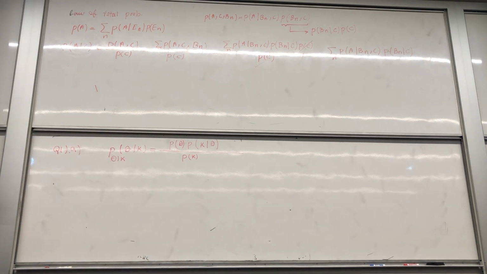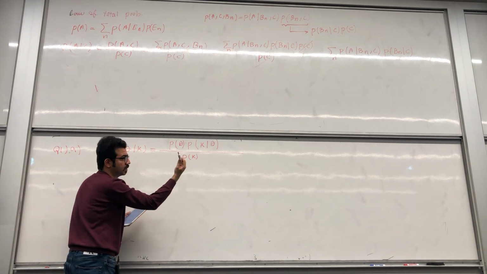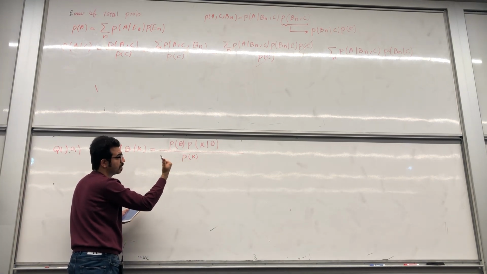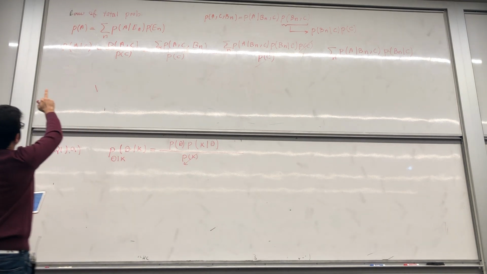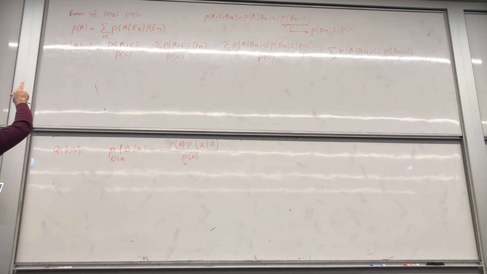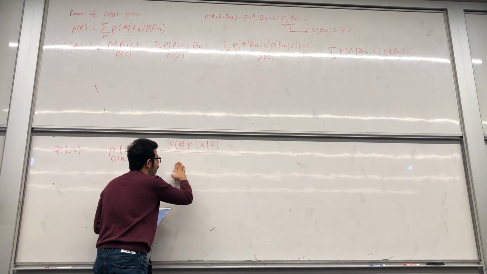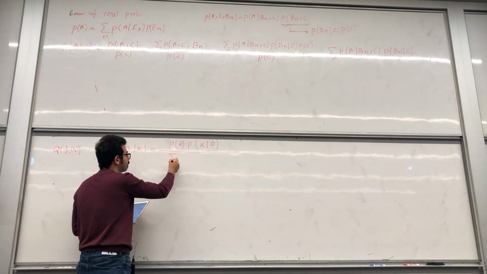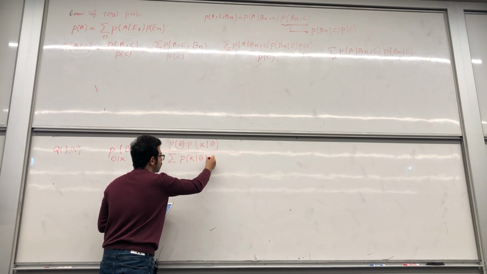K is the number of questions that are answered correctly, but it depends on the type of the student, right? So because k depends on the type of student, depends on theta, I need to replace this by using the law of total probability. So instead of probability of k, I have to write the summation of probability of k conditioned on theta times probability of theta.